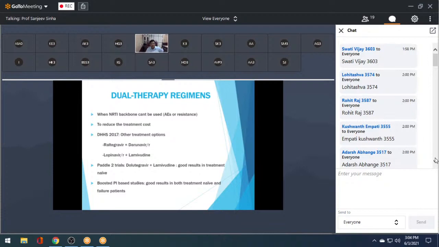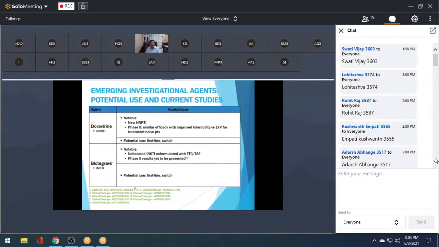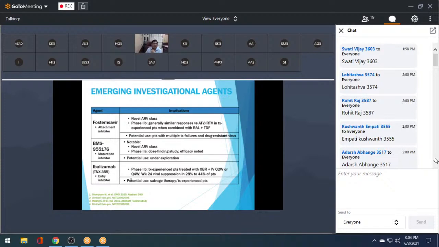So they are using this combination also, and they have found it is one of the treatment options. Other emerging investigational agents, I think it is not very important for you, so I am going to leave this.